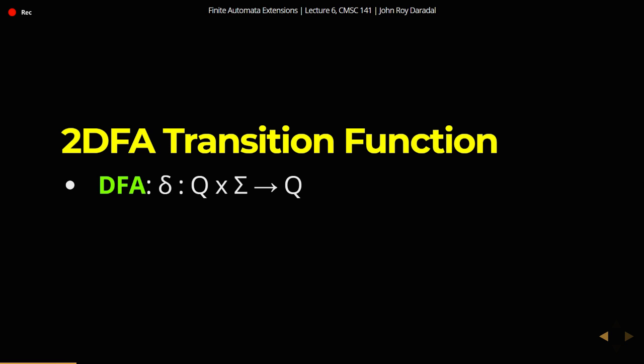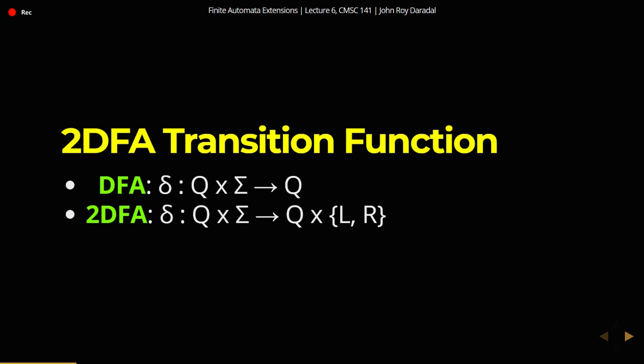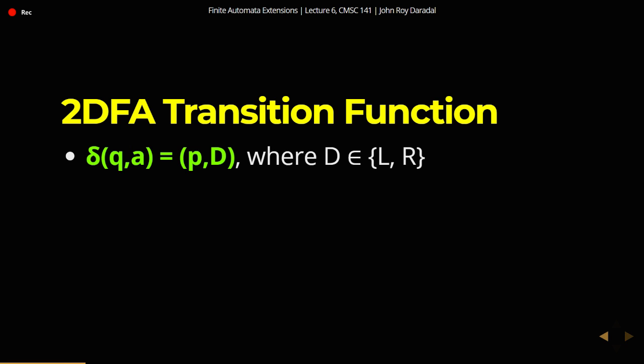In the DFA, we map the states and input symbols to states for the transition function. But for the 2DFA, we map the set of states and the set of input symbols to a state and a direction, either left or right. So that's the difference.